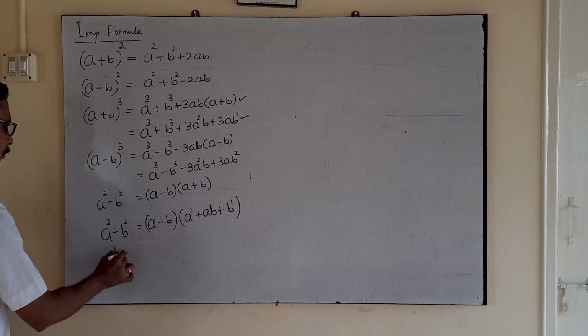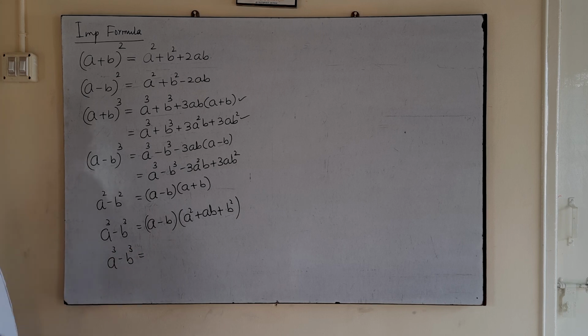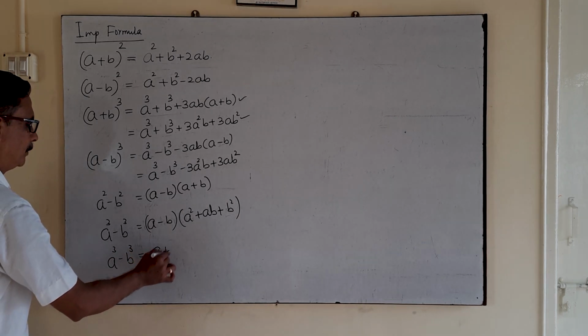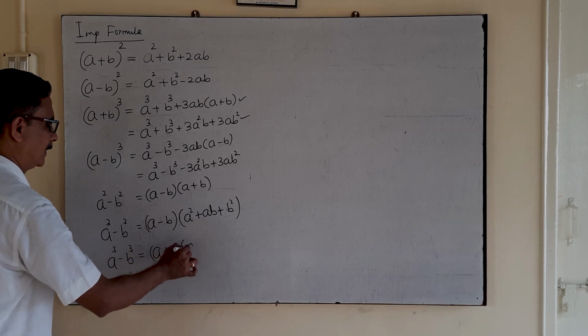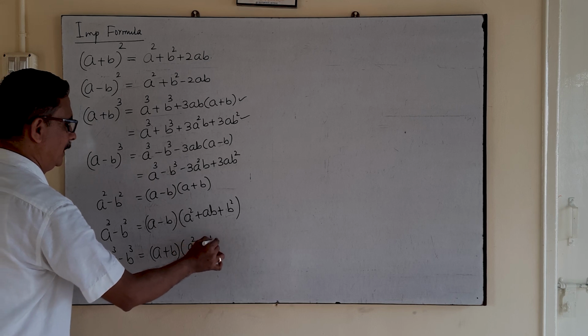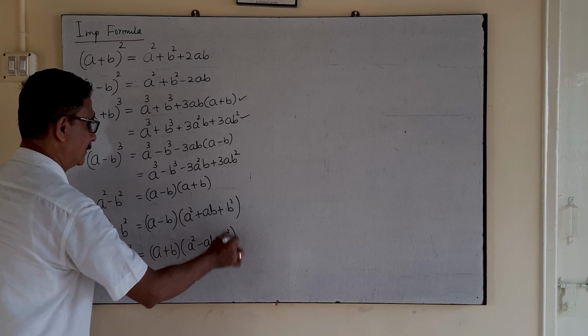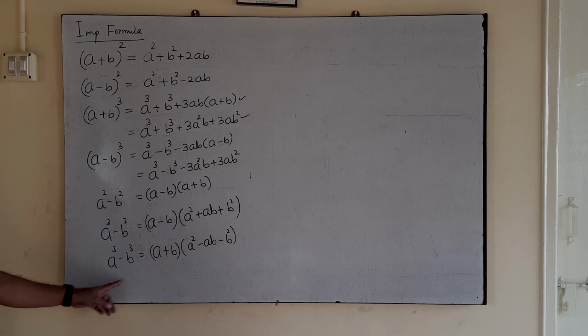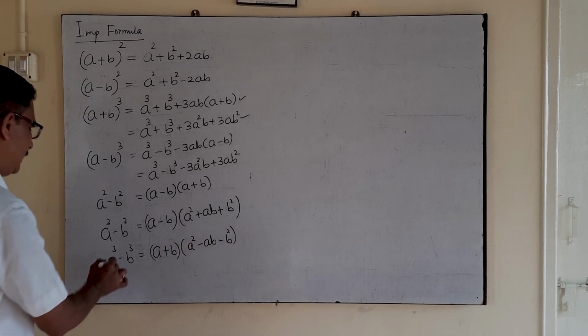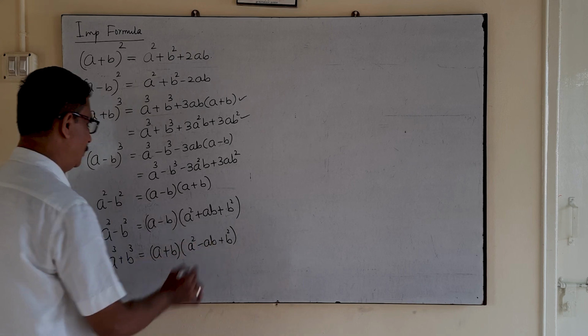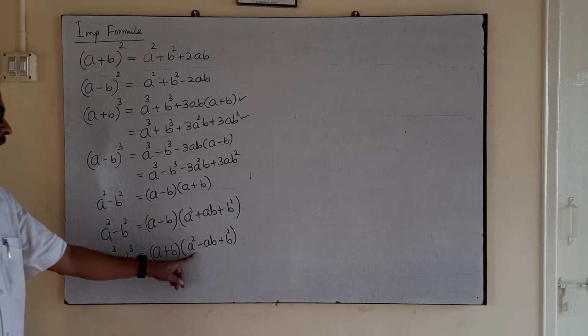Similarly, a cube plus b cube is equal to (a plus b) into bracket (a square minus ab plus b square).